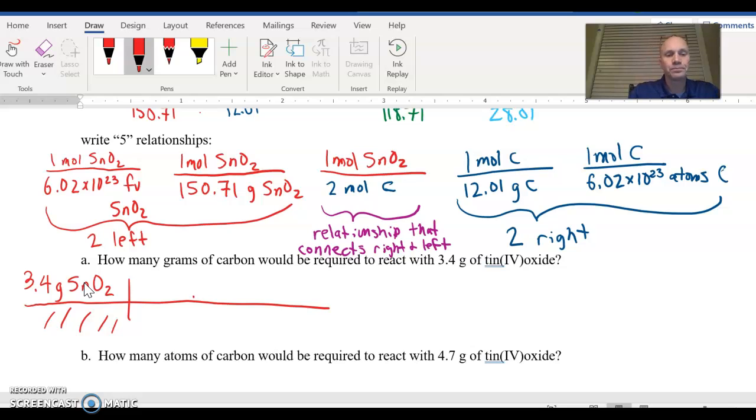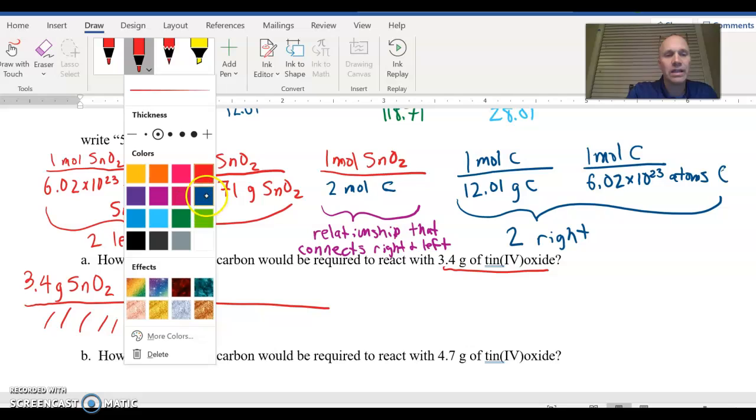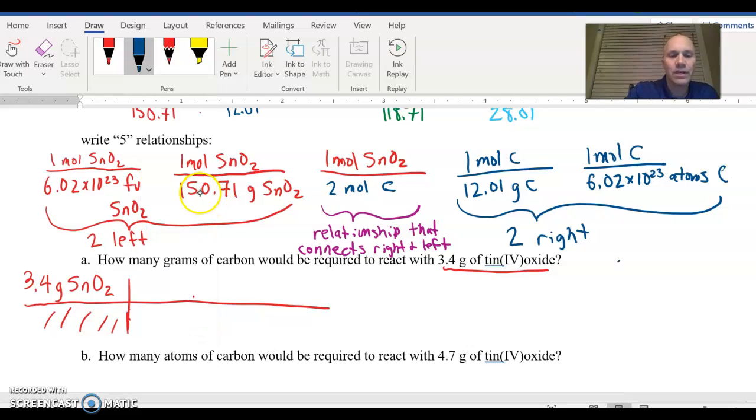So, when you're analyzing this problem, notice that we're starting with something that is tin oxide, but we're eventually getting to something having to do with carbon, which I represented in blue.